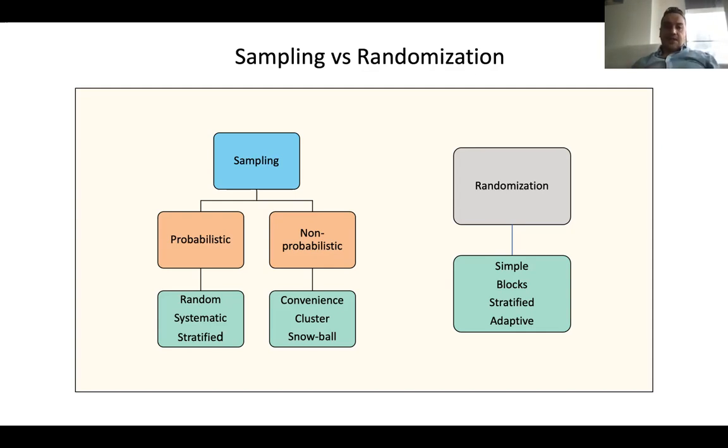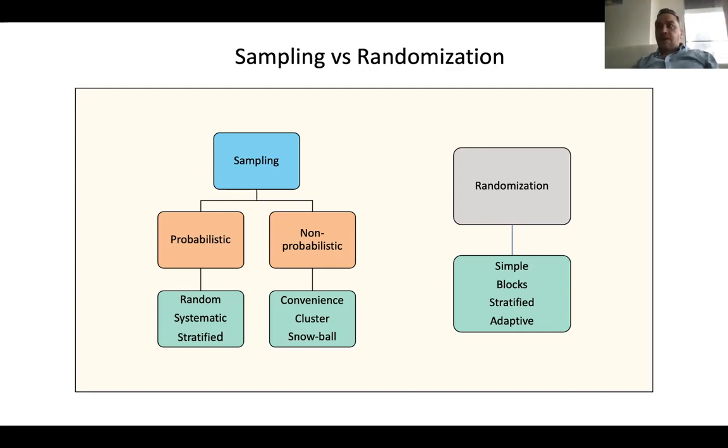The convenience sampling, as I say, is very common in clinical research, because it's so usual to just pick up the patient from your hospital, and you don't need to create another strategy to bring the patients to the study. There is cluster sampling, which is basically randomization of groups.